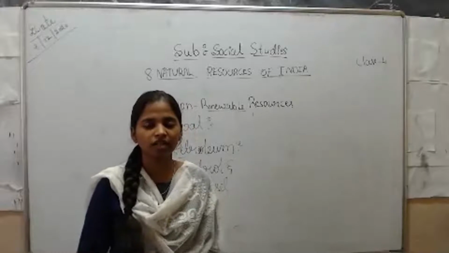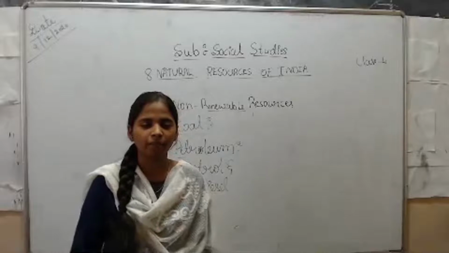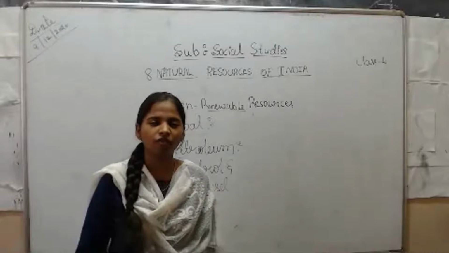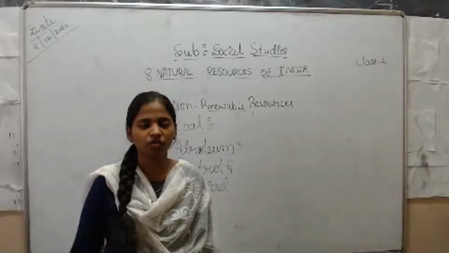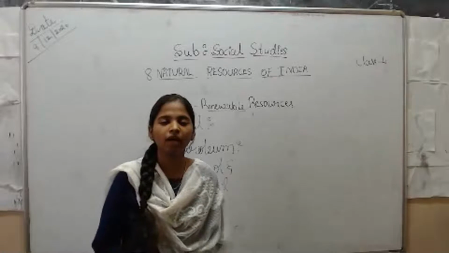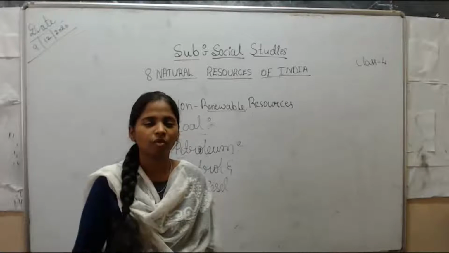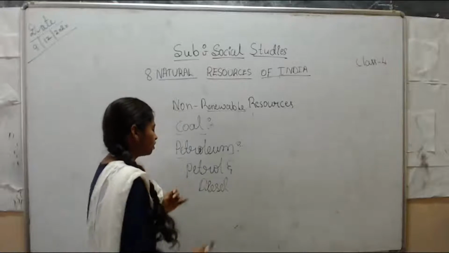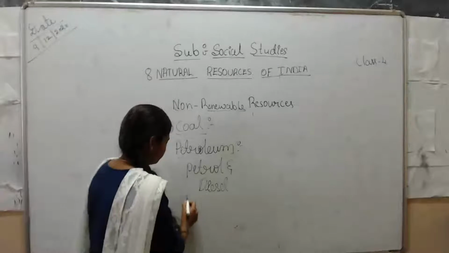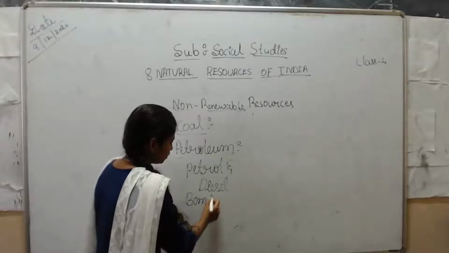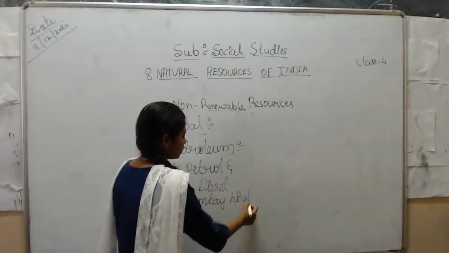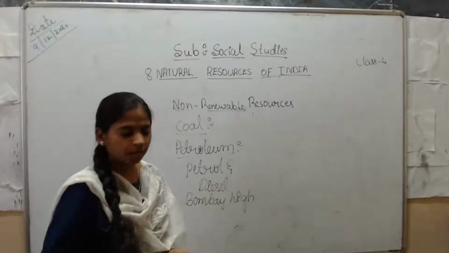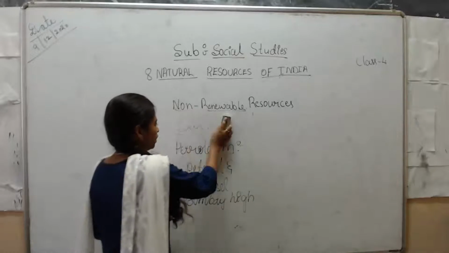You can reserve the petroleum. There is a petroleum reserve in each country. In our country, the petroleum reserve is in Bombay High, in Bombay city. Bombay High is the place where you can see the petroleum reserve in India.